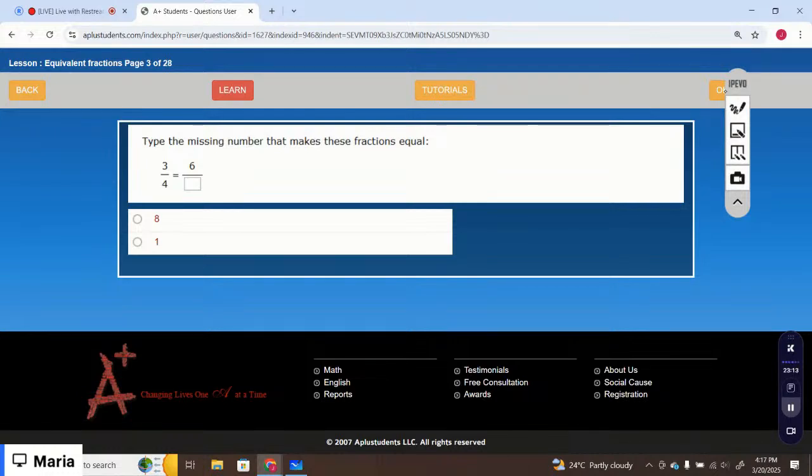That is 6 over 8, option number 1 is the correct option.